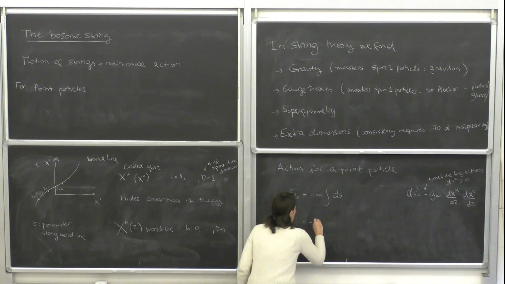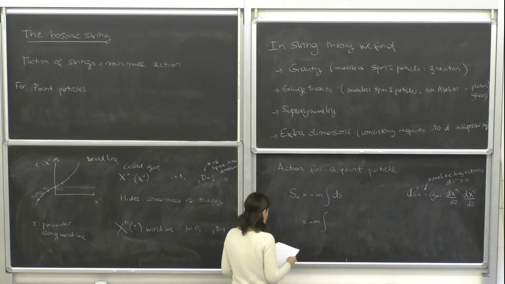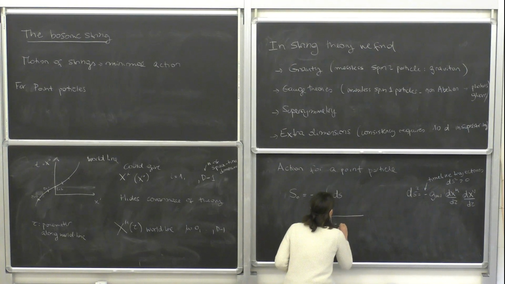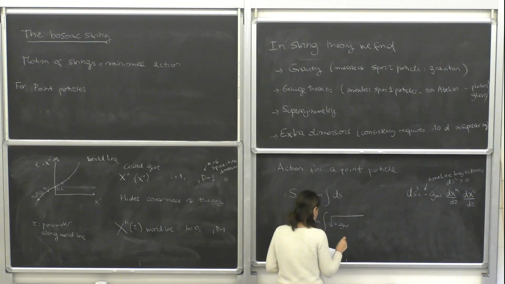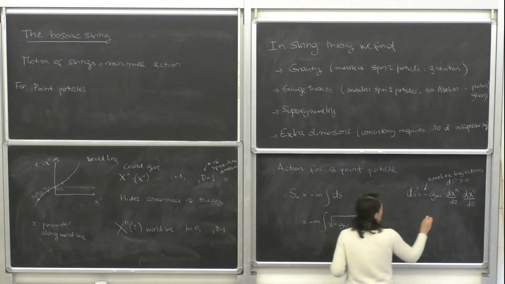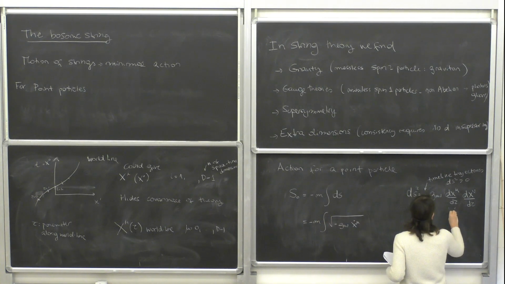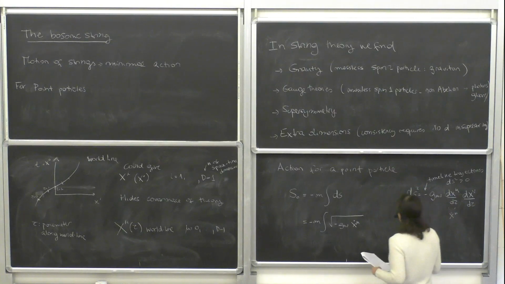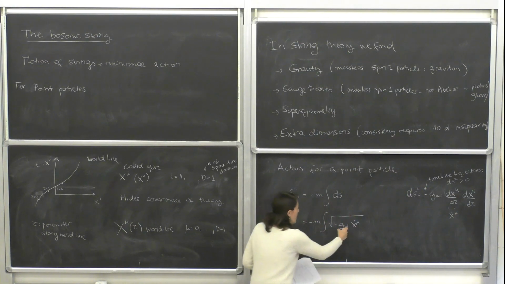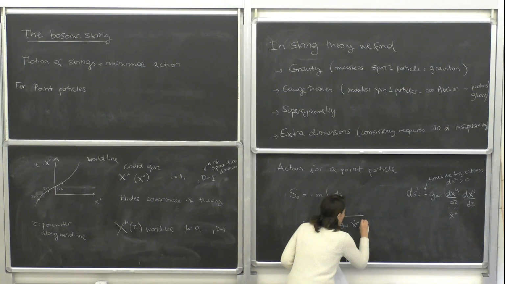So this is minus m, and this integral is along the world line, of the square root of minus g mu nu. Now if I write this as x dot mu, the derivative with respect to tau, the proper parameter, so x dot mu, x dot nu, d tau.